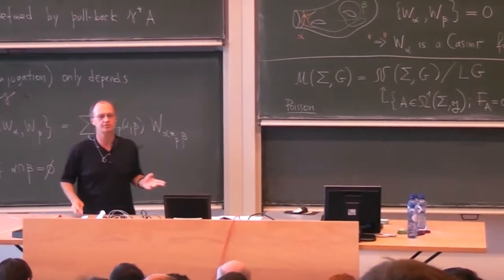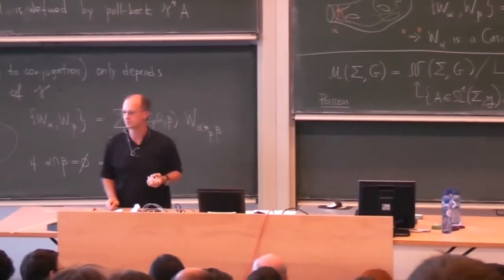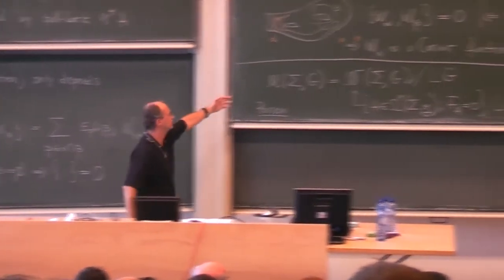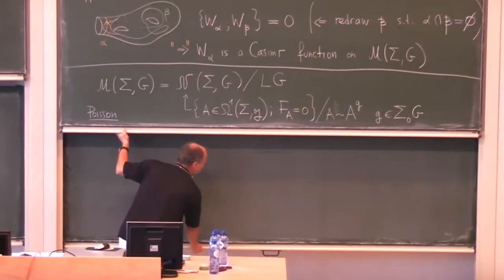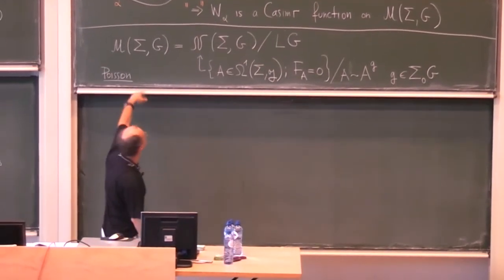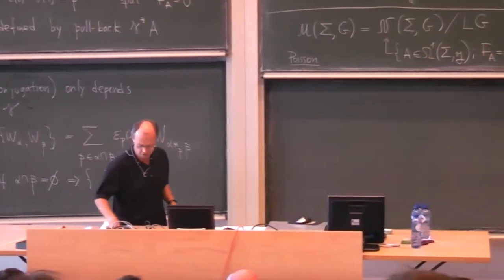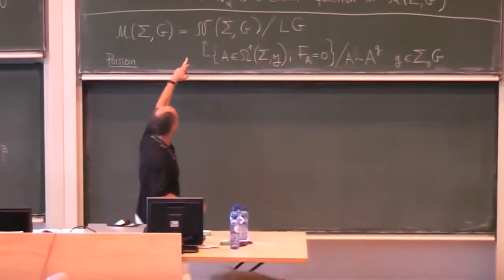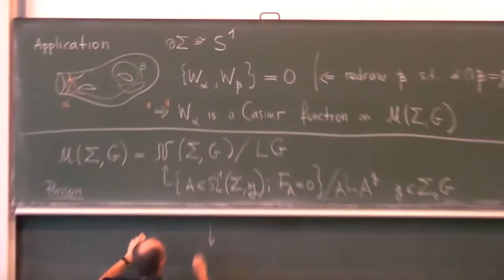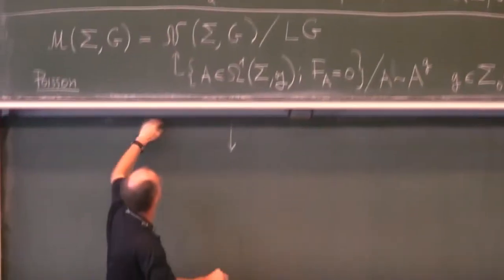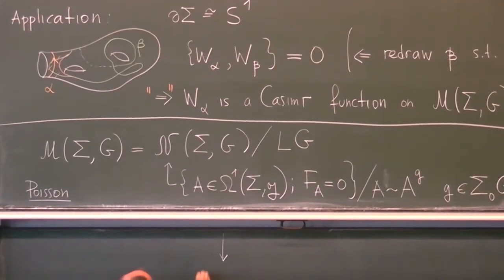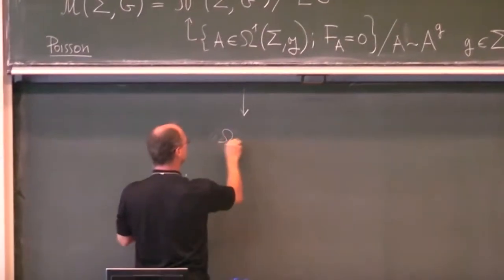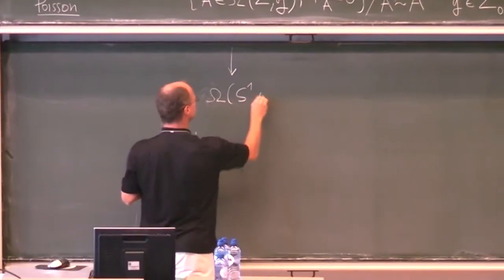Now one interesting question is, what are these symplectic leaves? So how can we turn it into a symplectic space? Well, now let me give you the answer. And in fact, it's a little bit indicated by the construction of the Goldman bracket that I showed to you here. So first of all, notice that there is a natural map from the space N into the space of connections on the circle.